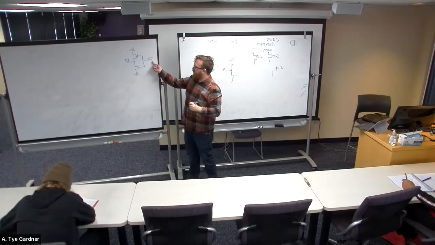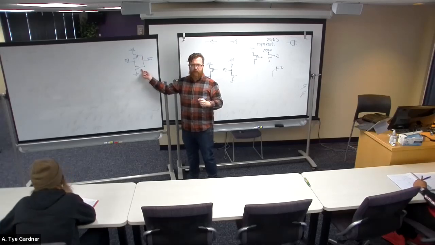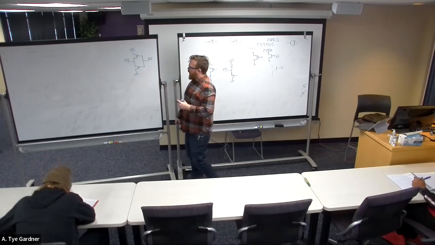I now have an input that splits into 2 wires, goes into the gates of a PMOS device and an NMOS device. All right, now let's think about what happens.